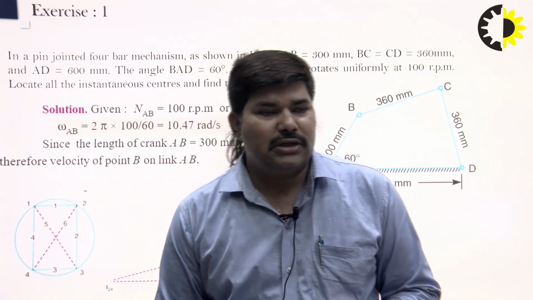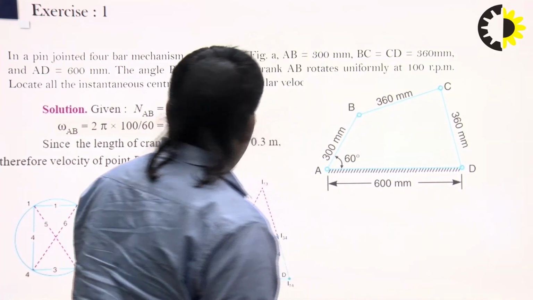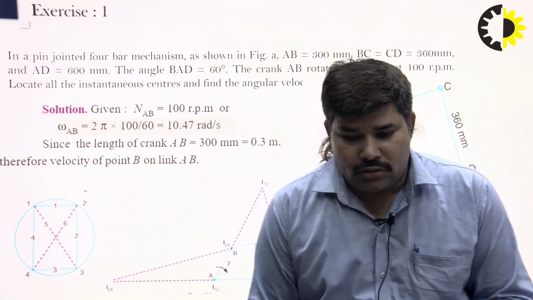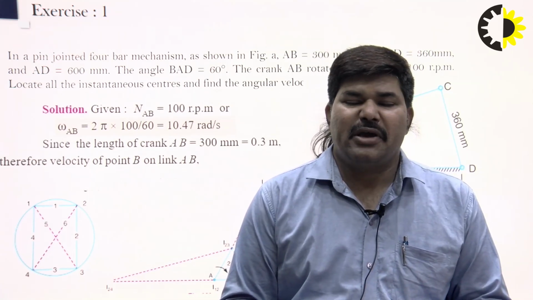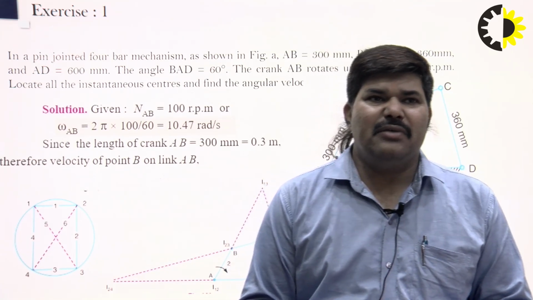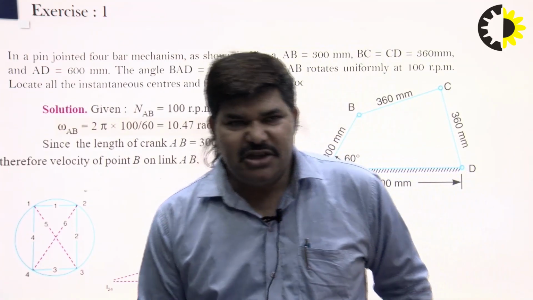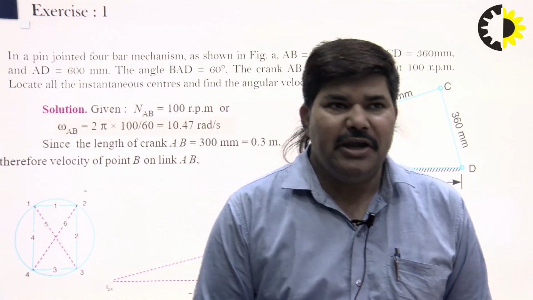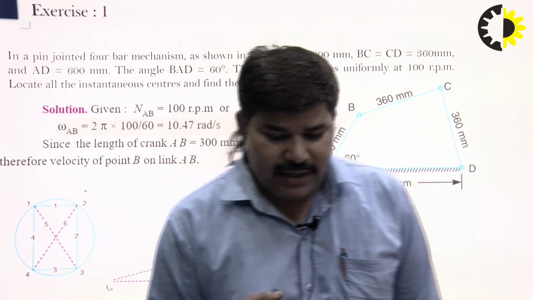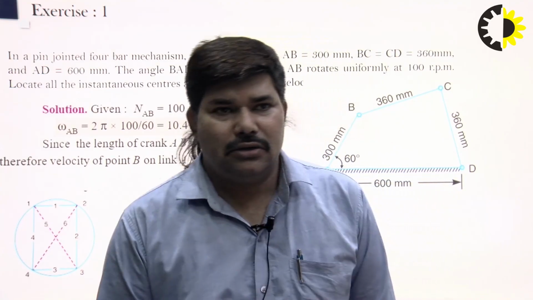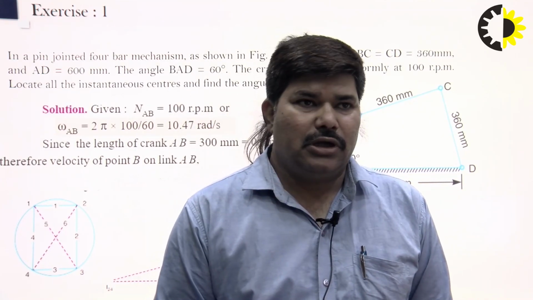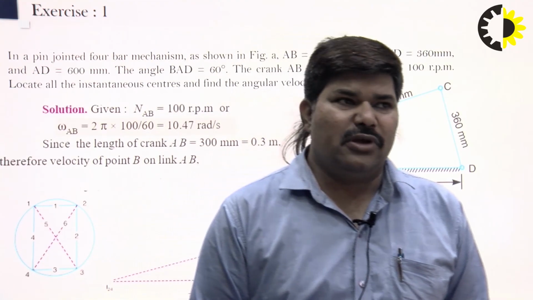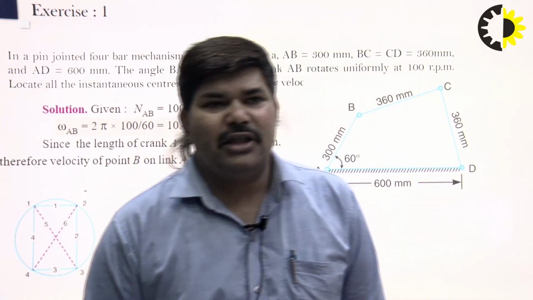Suppose one question is given: a pin-jointed 4-bar mechanism is shown in the figure. The length of AB is 300 mm, BC and CD are 360 mm, AD is 600 mm, and the angle BAD is 60 degrees. The crank AB rotates uniformly at 100 rpm. Locate the instantaneous centers and find the angular velocity.